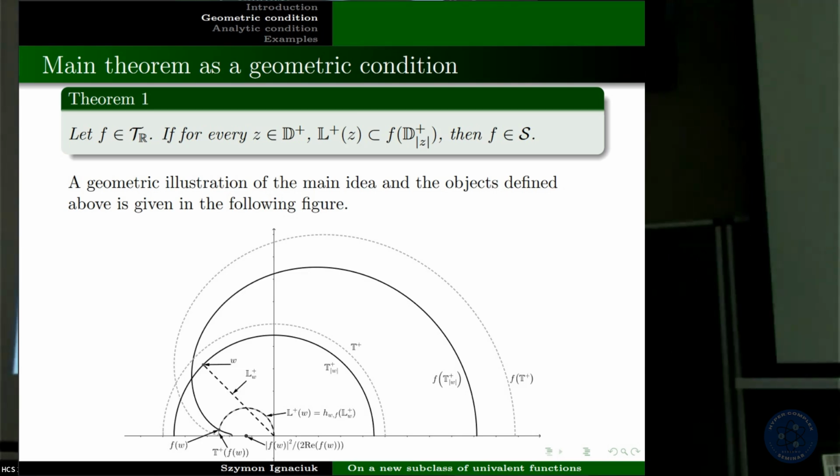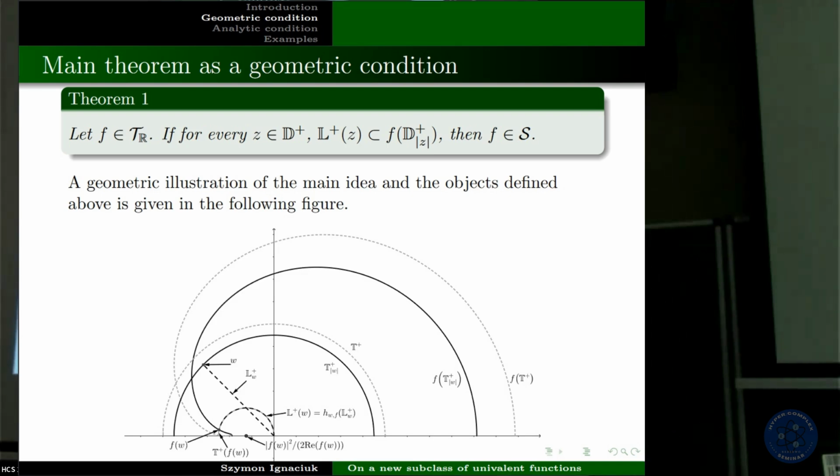And we are interested in the arc L plus of w. This is the arc which is a subset of T plus of f of w, and it joins the origin with the point f of w.